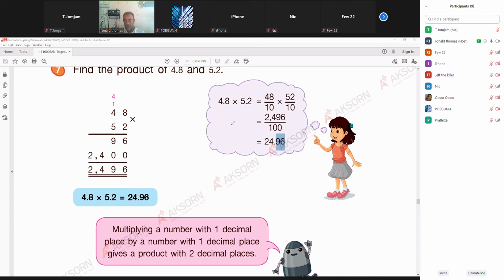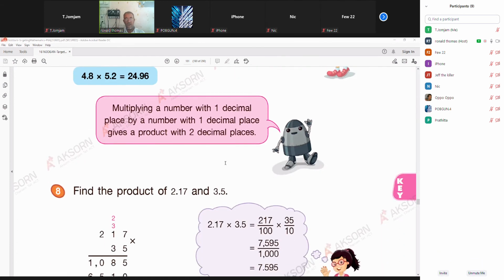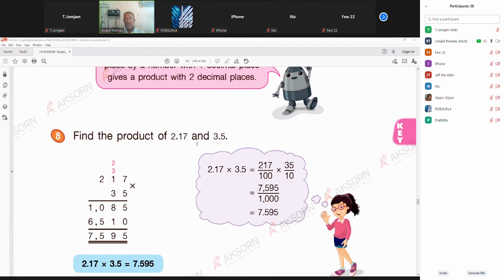Page 181. Go slowly. Please read page 181. Question A. 2.17, 3.5. There will be how many numbers in the decimal place? There will be 2, and there will be 1 here.